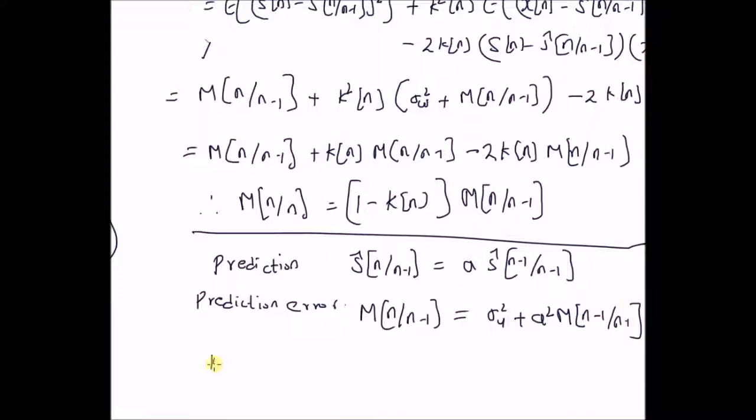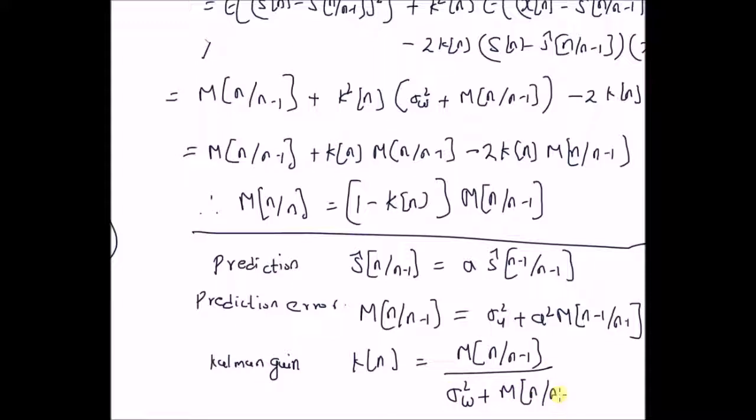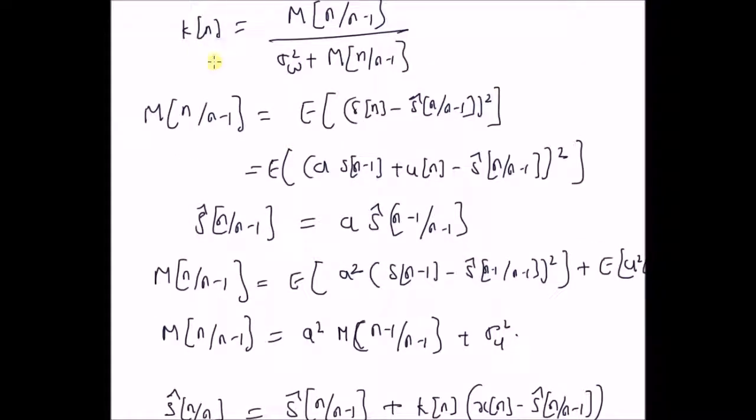And then we have the Kalman gain, which is k of n equal to the prediction error M of n given n minus 1 divided by sigma square W plus M of n given n minus 1. This is derived right here.